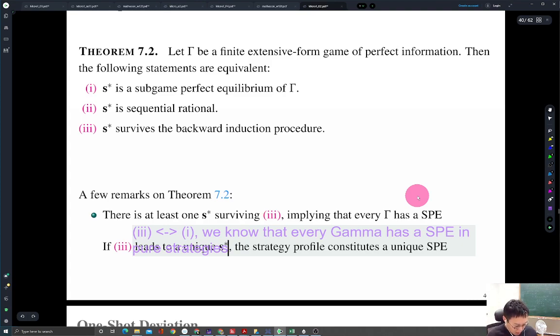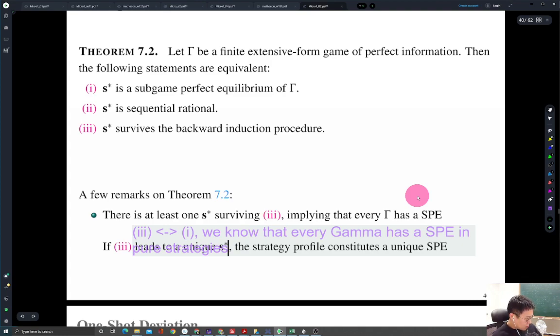than the existence result in normal form games. You know, in order to prove the existence of Nash equilibrium, the proof is really long, and we have to adopt a mathematical result, the so-called fixed point theorem. But in dynamic games of perfect information, we no longer have to apply such a mathematical theorem.